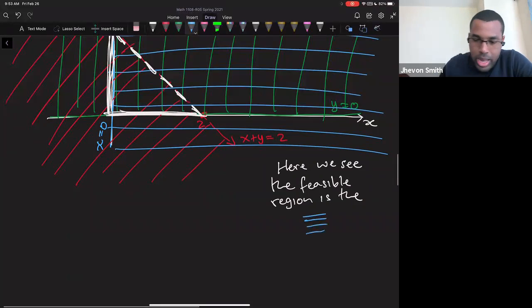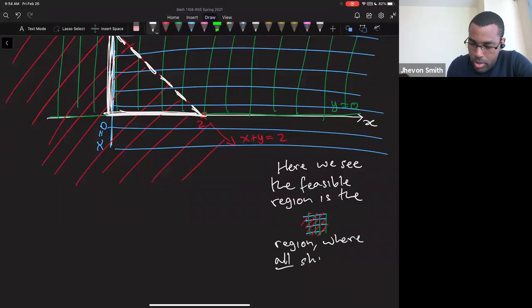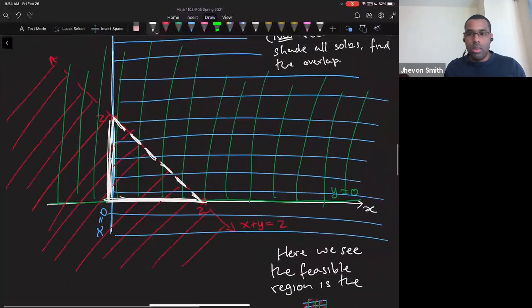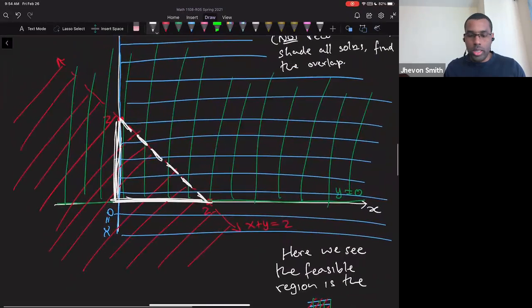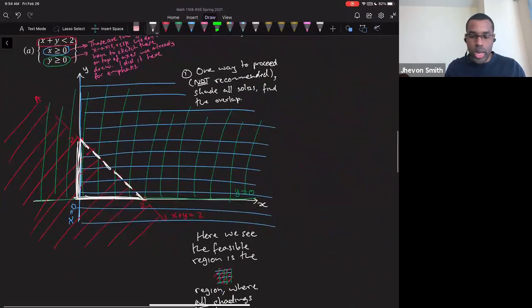Blue that way, red this way, and green that way, where all the shadings overlap. Okay, now, so question, how do we determine which way to shade? Again, there are two ways.